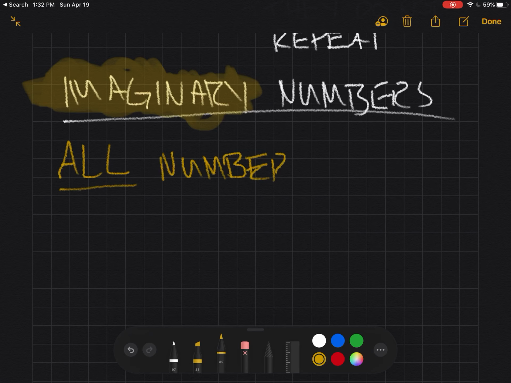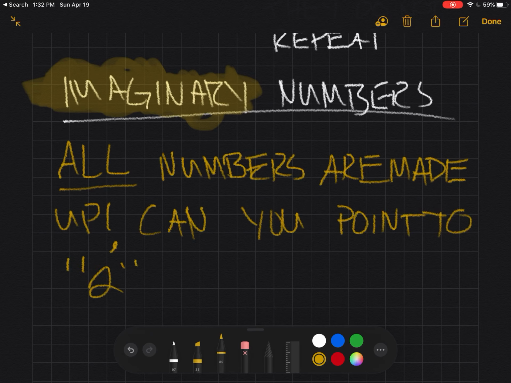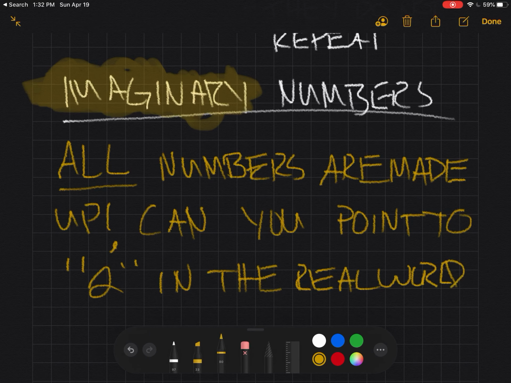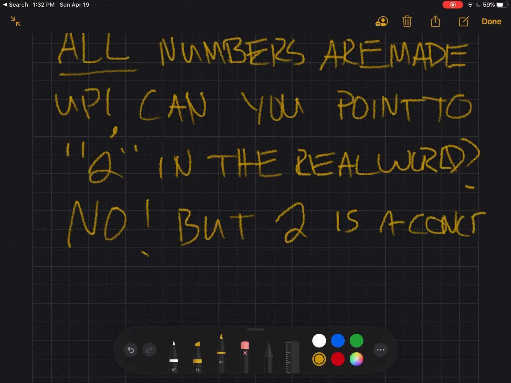People freak out at this word imaginary. And they say if it's an imaginary number, it's not real, and that means I don't want to know about it. This is just the name of the number. I have good news or bad news for you, depending on how you look at it, but all numbers are made up. Can you point to 2 in the real world?